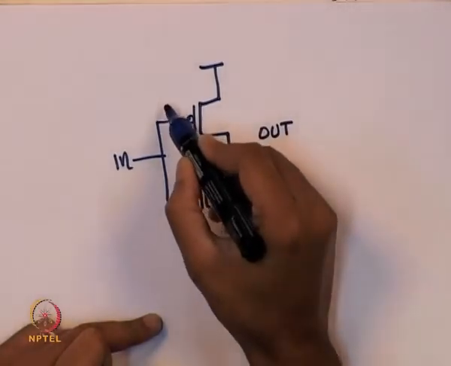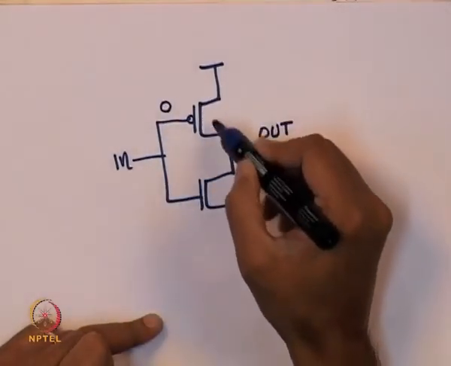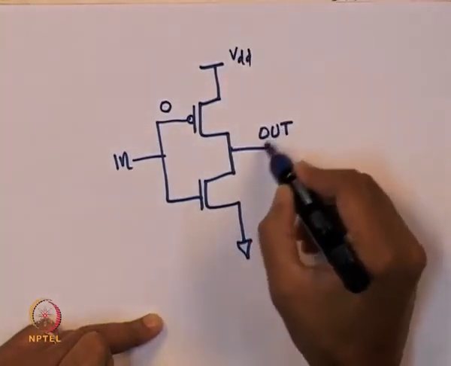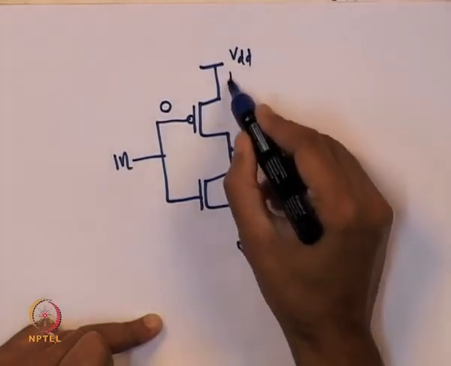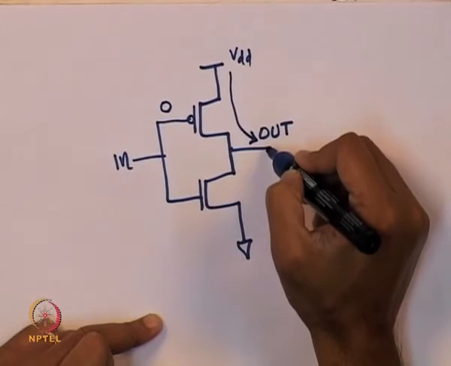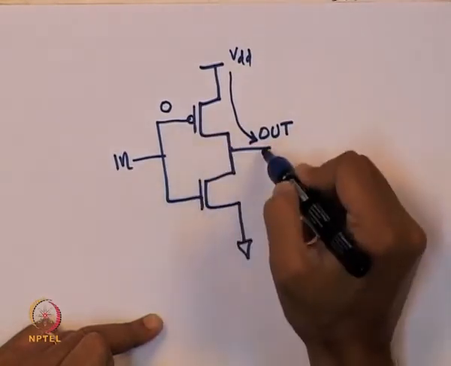So, if I gave logic 0 here, then this device is turned on, right. So, this is at VDD and this will charge. Eventually, when this is completely charged, turning the gate on here is not going to change anything here.